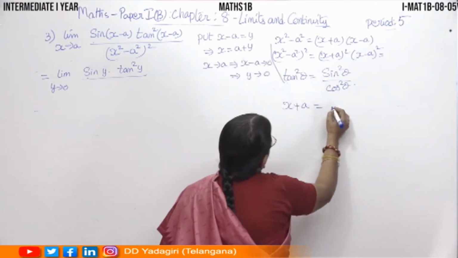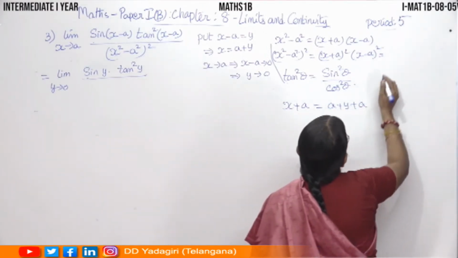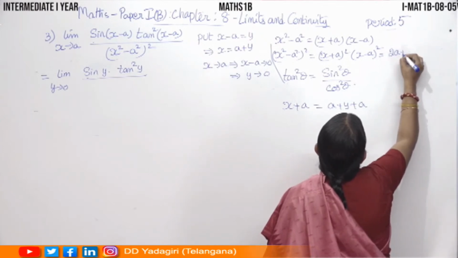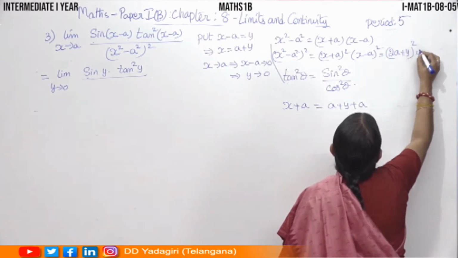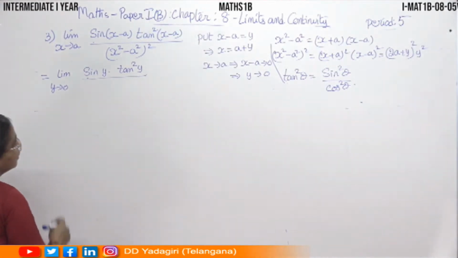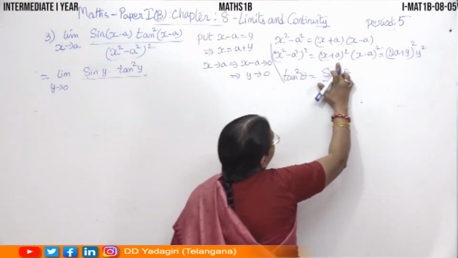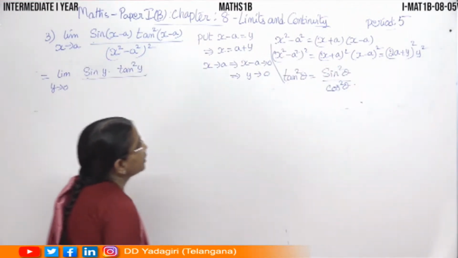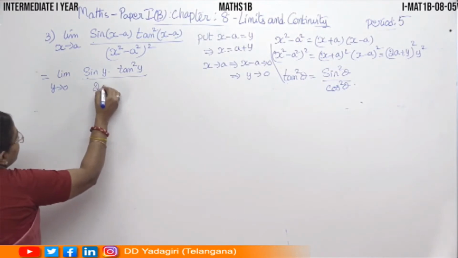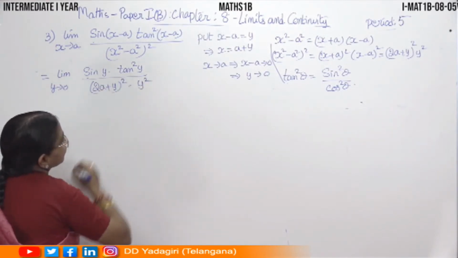X is a + y, so a + y + a, that is 2a + y. So (2a + y)² into y², which is what we simplified for (x² − a²)².